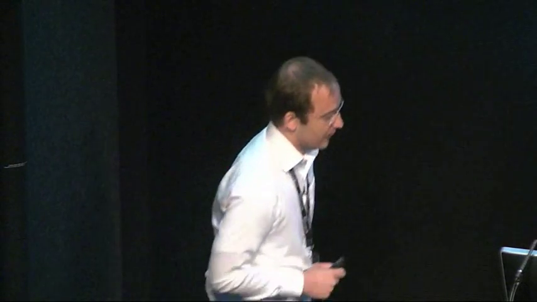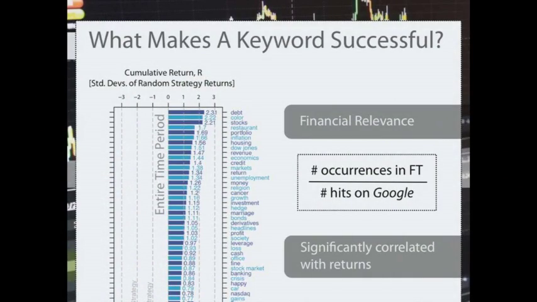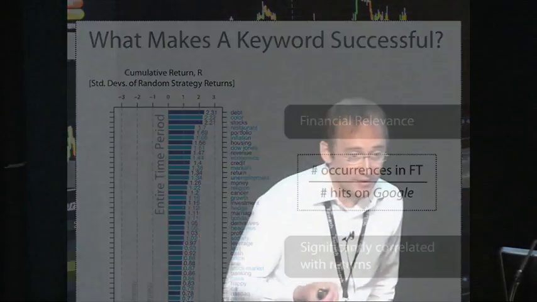On the right-hand side, there are qualitatively similar results if you just use subsets of this time period. The main question we asked then was, can we find a way to quantify what the quantity is which makes a keyword successful? And in order to do this, we used our instinct that more financially related terms might be the key issue.